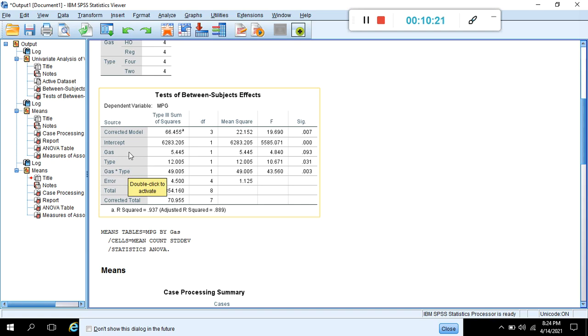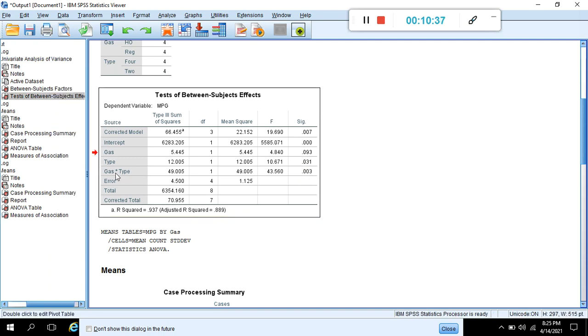In other words, regular versus high octane and two-wheel and all-wheel drive cars, there's a difference in how they behave. So the type is marginally significant when you throw it into the more complicated model, but really it's this interaction that is the star of this analysis in terms of the significance.